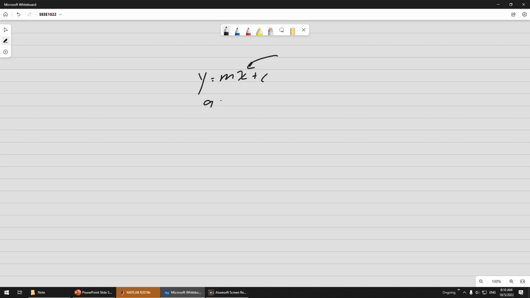So if you recall, ax squared plus bx plus c equals 0. So this is also a polynomial with 2 degrees. This is a quadratic equation. This is a linear equation.